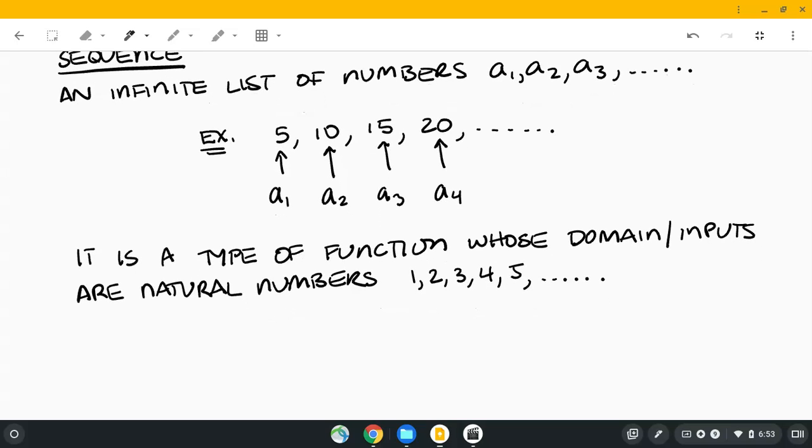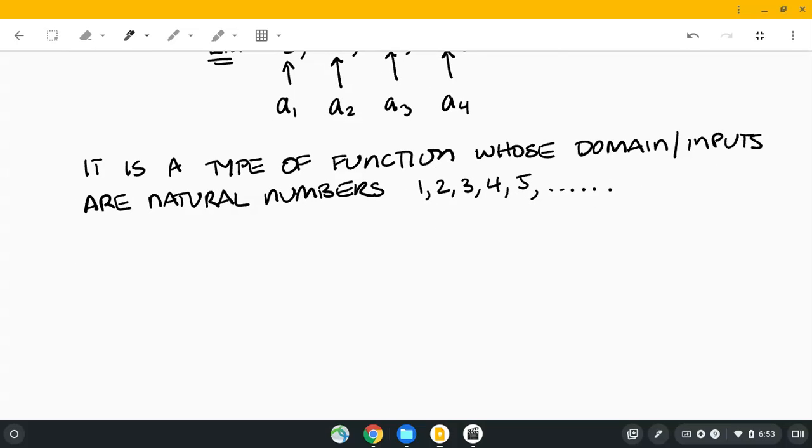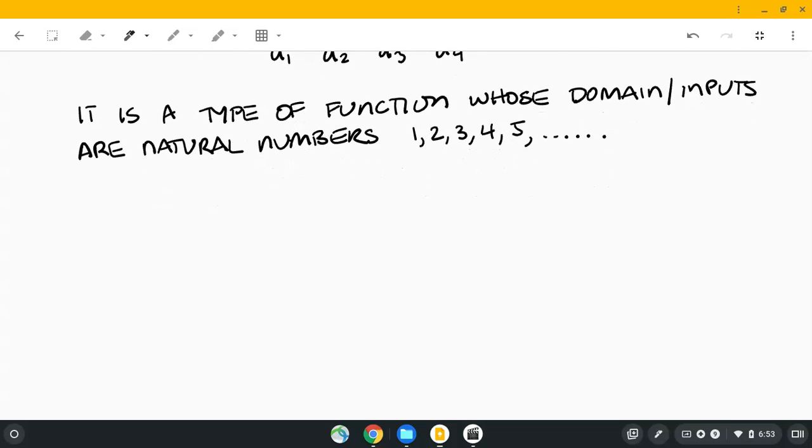And they can be expressed different ways. So let's take a look at that sequence up above, expressing a sequence.